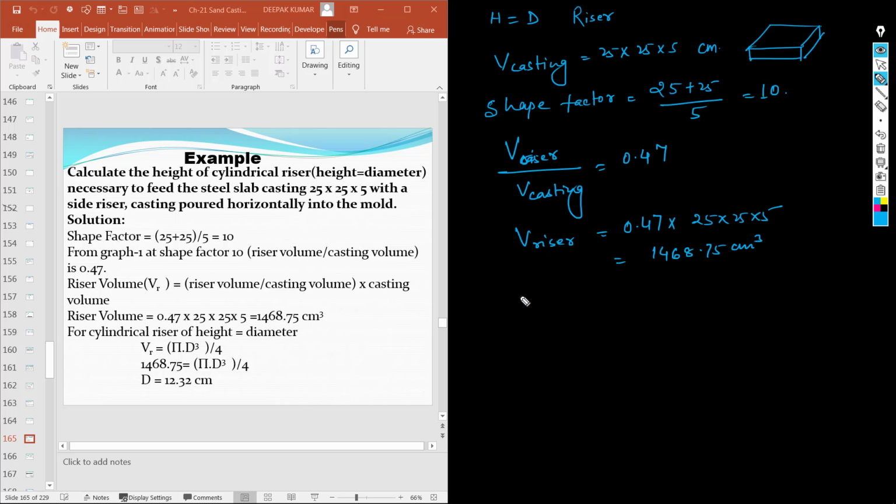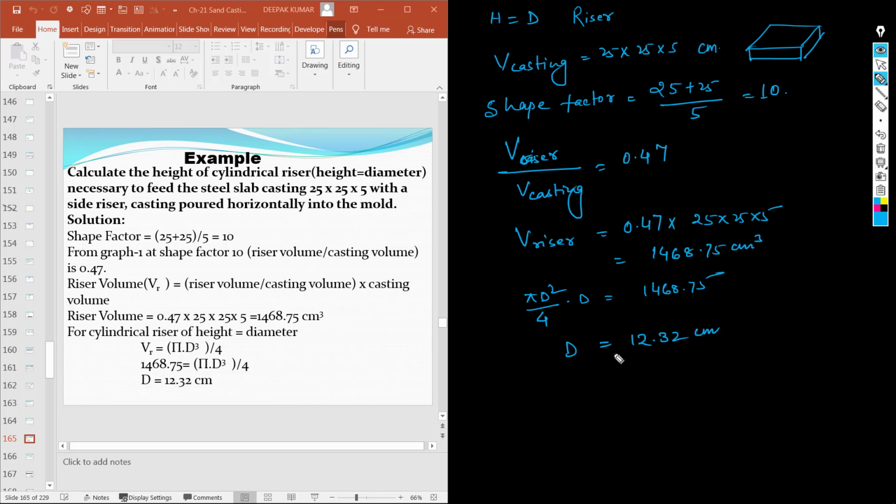So we got the volume of riser, and D is equal to H, so pi D square by 4 into D is 1468.75. From here D is 12.32 centimeter.